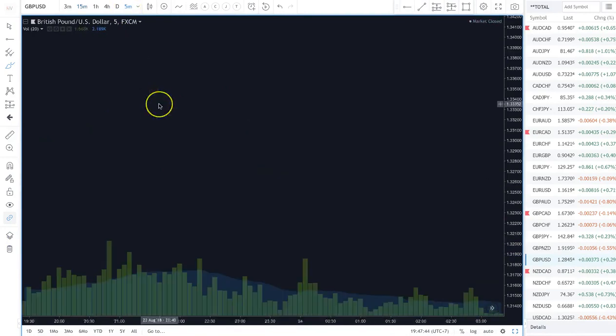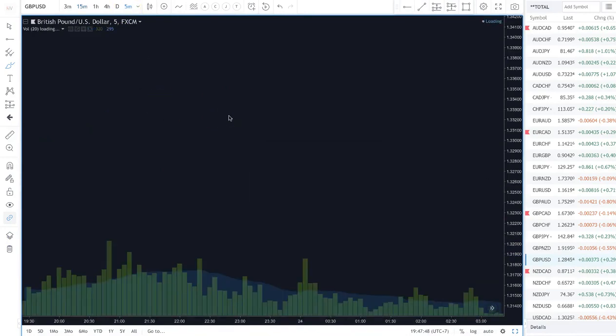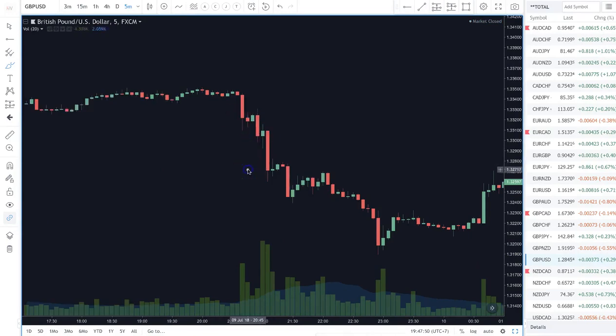Let me go down to the 5. Okay, there we go. Here we are. Now we can see the two high volumes were caused by 2 different candles. One was this, and the other one is this. Sorry, my fingers can't stay straight.